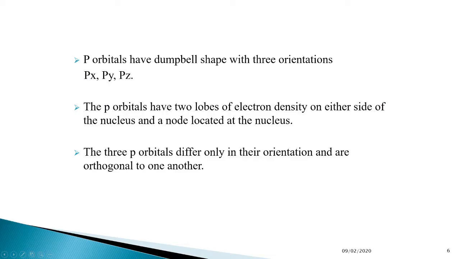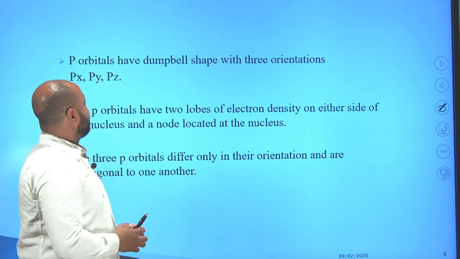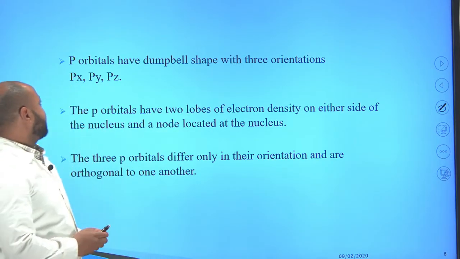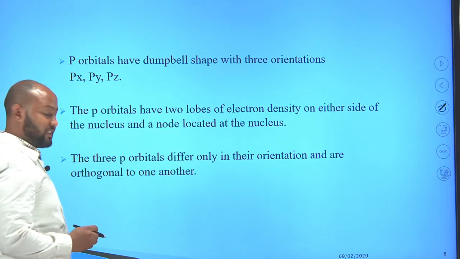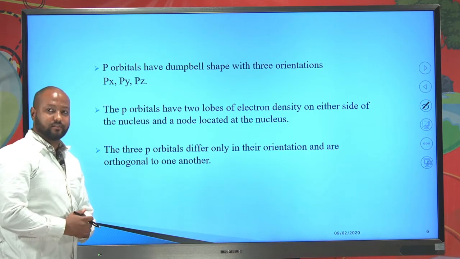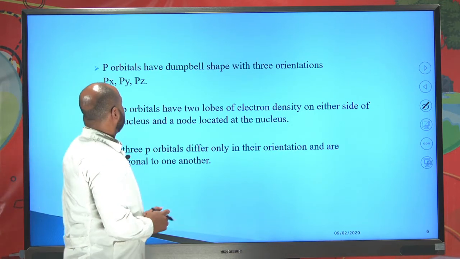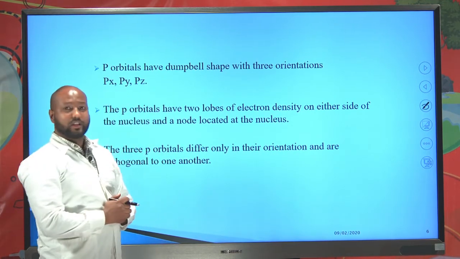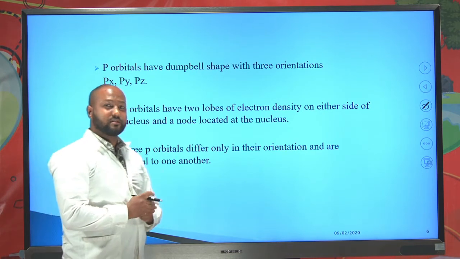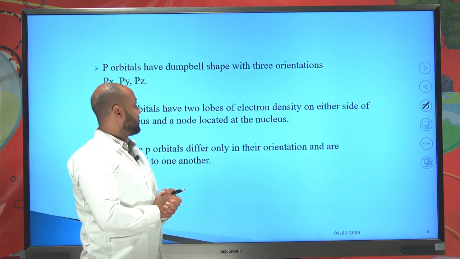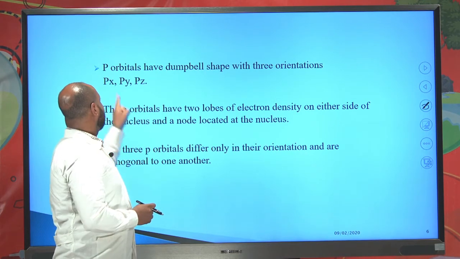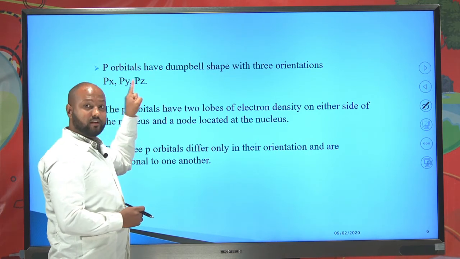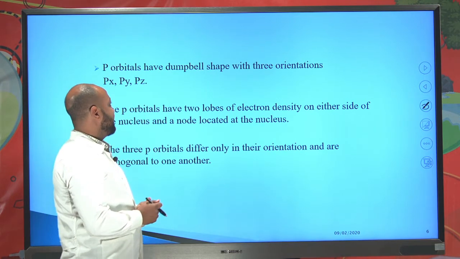The p orbitals have a dumbbell shape, with 3 orientations around the x-axis, y-axis, and z-axis. So p has 3 orbitals, as I showed you before: px, py, and pz.